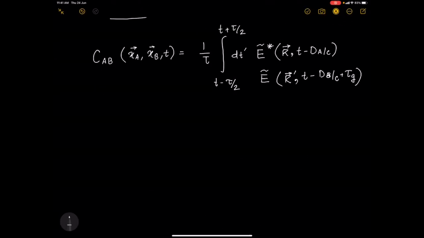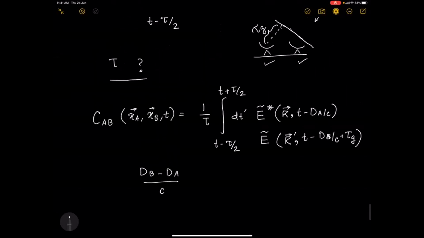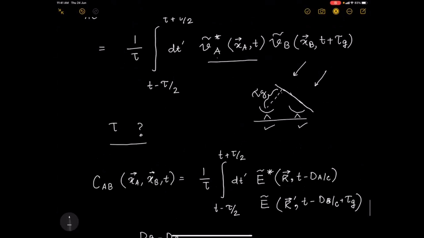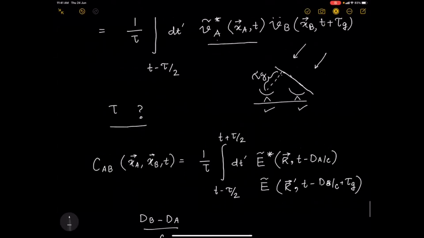Now, if it is a monochromatic signal, what is dB minus dA by C? dB is the distance the signal travels from the source to the antenna B, and dA is the distance the signal travels from the source to the antenna A. So dB minus dA by C is nothing but the time delay, right? That's the excess distance traveled divided by the speed of light at which the signal travels.